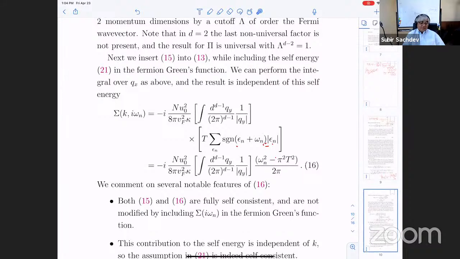If you're interested in the full value of the integral, including contributions from high energies and high momentum, then you have to do it in a certain order. Well, if you kept the full dispersion, the full E of k at all k, not just the linearized portion near the Fermi surface, then it doesn't matter. You're allowed to do it in any order.